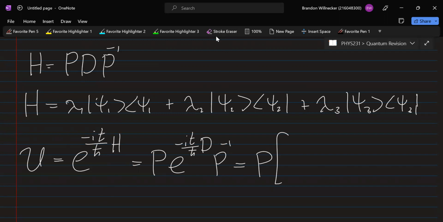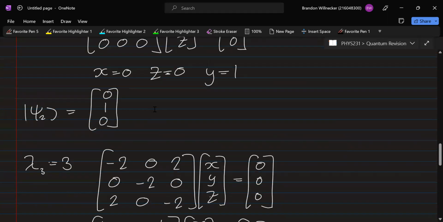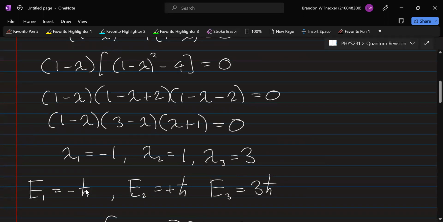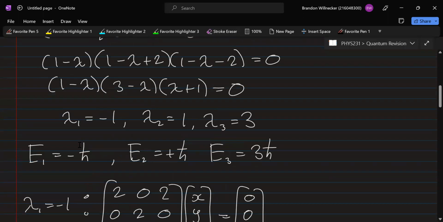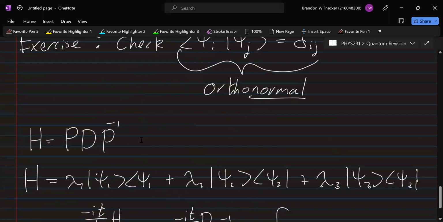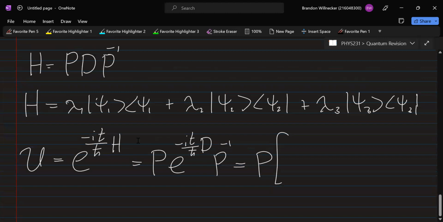Whatever the function is, it acts on the diagonal eigenvalues. So the first eigenvalue was -1. If we go back here, minus h bar. So -1 times h bar. So then this will just become, if we go down here, e to the i t, e to the minus i t, and e to the 3 i t, and zeros everywhere else.